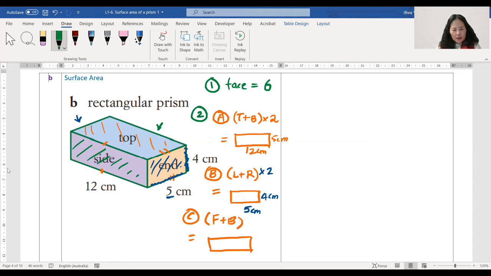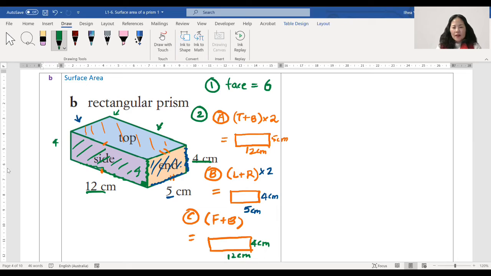The base of the front part is 12, so I'm going to put 12 centimeters here, and the height is right there, right? This one is perpendicular to the base. This one is the same as this one, isn't it? 4 centimeters. They're all the same. This is 4, this is 4, and the one in the corner here, that's 4.